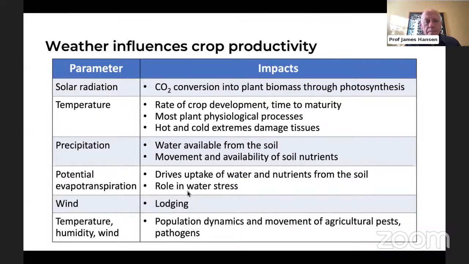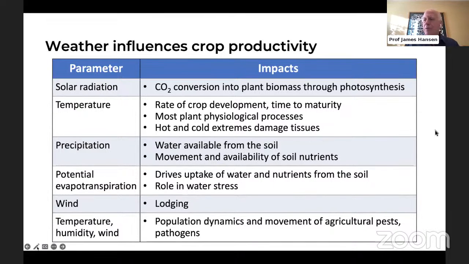Wind is one of the things that goes into potential evapotranspiration. Wind can have a direct impact on crops if it's excessive. So lodging, a windstorm can topple a crop, causing a complete loss of production in some cases.